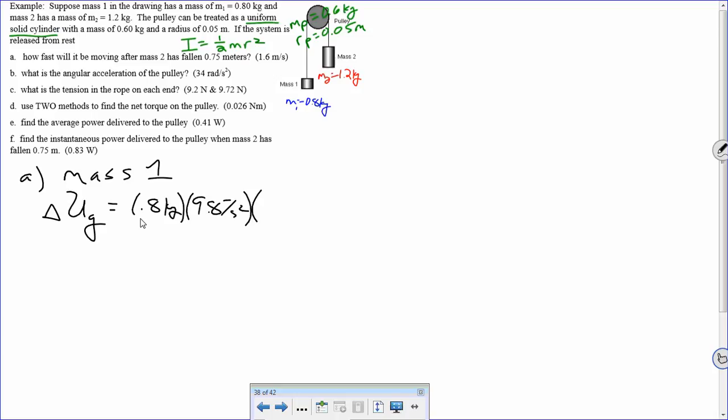And mass 1 is going to go up 0.75 meters, right? So we're going to gain, calculations. Oh, that's honors AP, here we go. So mass 1 is going to gain 5.88 joules of gravitational potential energy. Follow? All right, now let's do the same thing for mass 2.